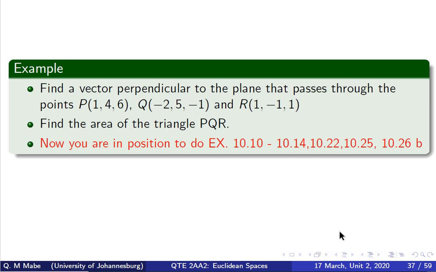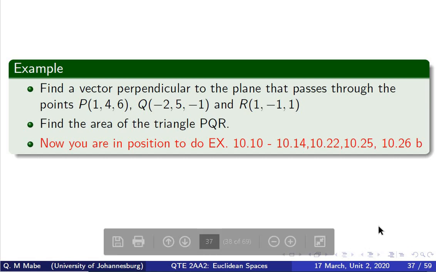Once again, we have the exercises that you need to do, and these exercises are highlighted in red to show that they're very important. So I expect you to attempt all of these exercises on your own. They will not be for hand-in, but for practice purposes.